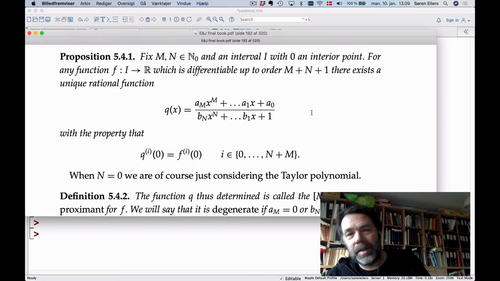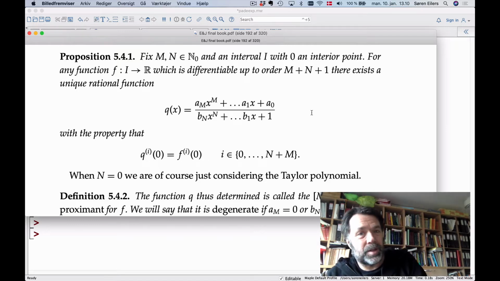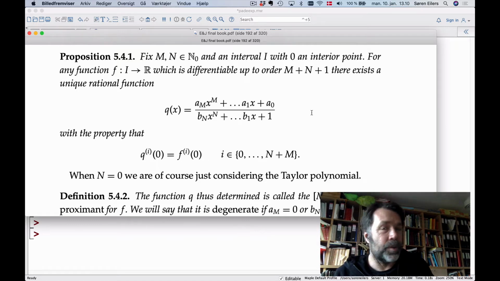The fact that this is true is fairly straightforward, but the point of the Pade approximation theory, which is frankly not something I had ever heard about before I looked at guessgf, and which is quite important in certain branches of physics, is that not only is there such a function, there's also a very efficient way of finding it.